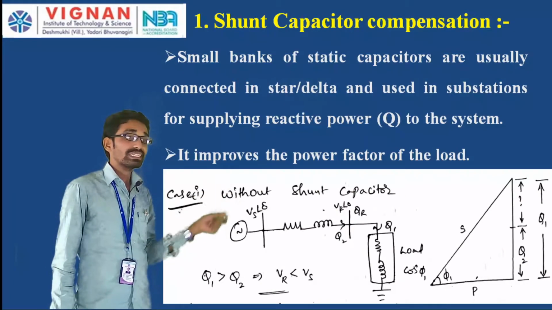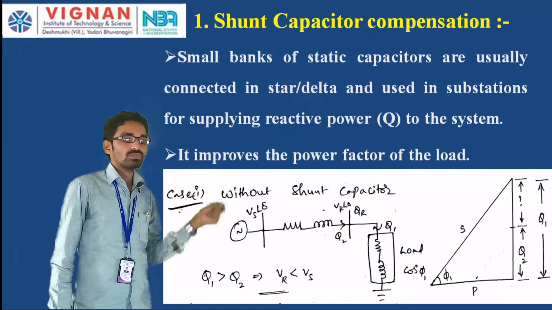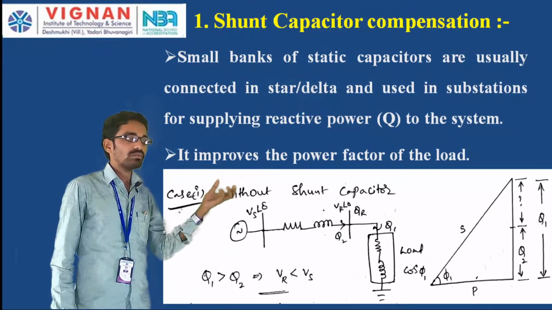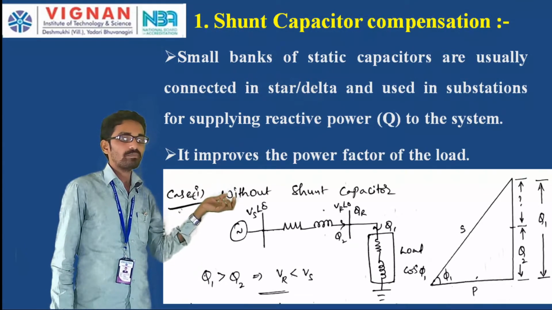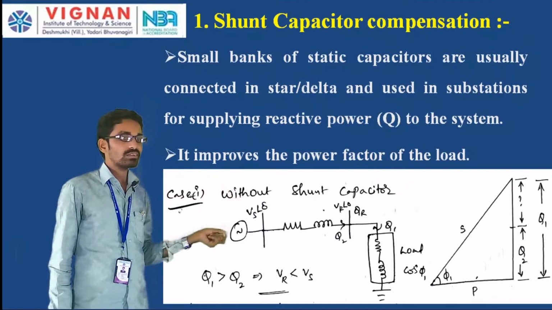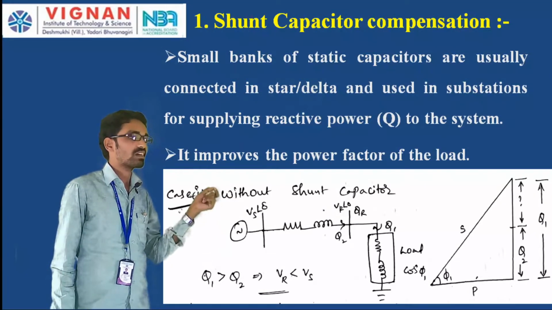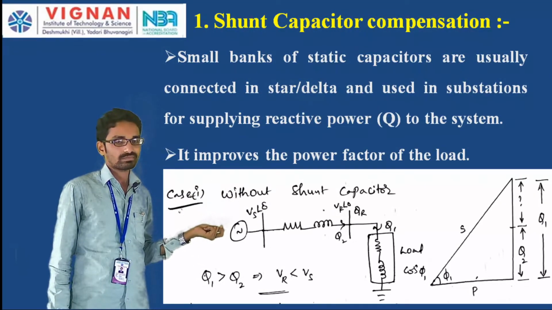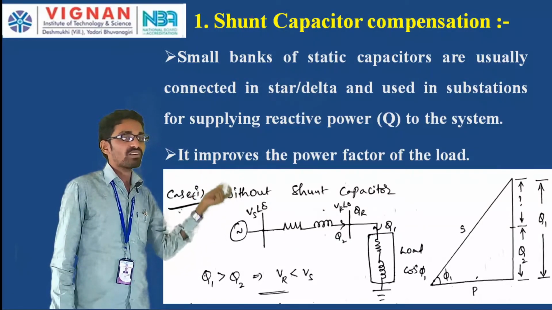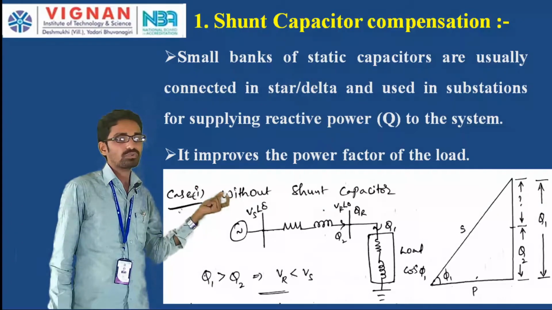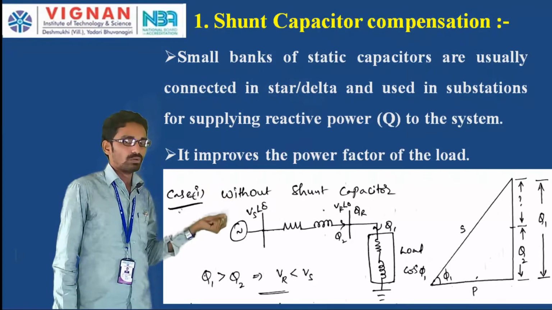Whenever there is a reactive power deficit, in order to supply the reactive power, we are going to use these shunt capacitors at the substations. These are going to be connected either in star connection or in delta connection. If you go for this, it will improve the power factor of the load, right.